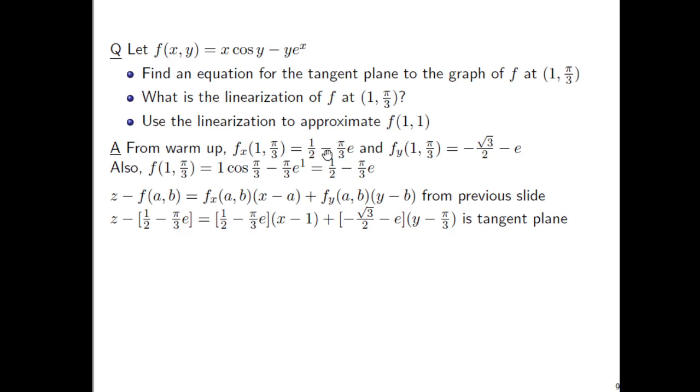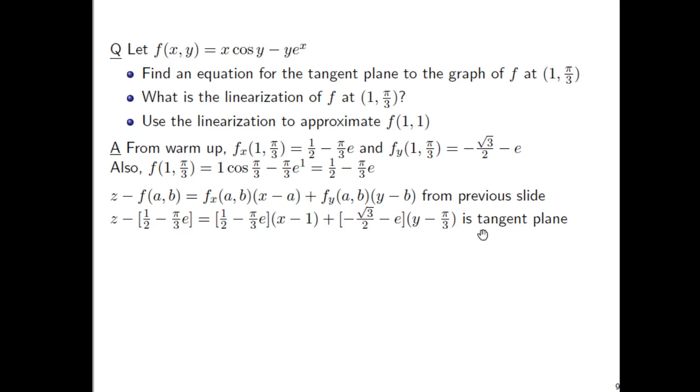This number, 1 half minus pi over 3 times e, in square brackets, times x minus a specific x value, which is 1. And then our other slope-like term, f sub y at 1 comma pi over 3, negative root 3 over 2 minus e, copied down here in square brackets. And then in parentheses, y minus our specific y value of pi over 3.